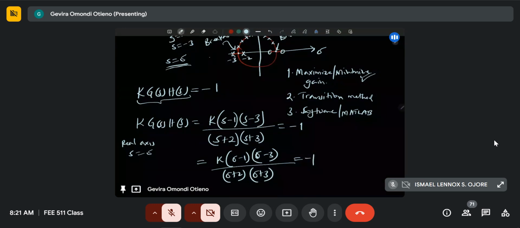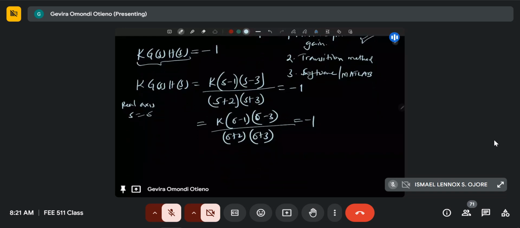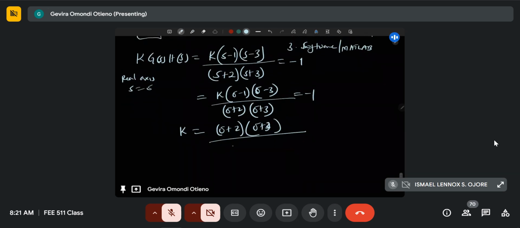Now, we can make K the subject of the formula, so it's like cross multiplying. And of course, there's a negative here, because if I take this to the other side, this comes down.